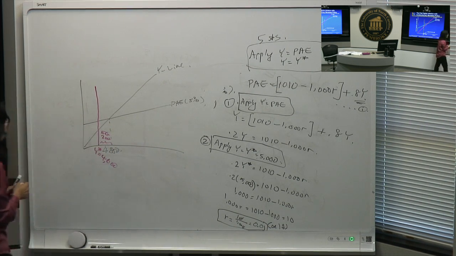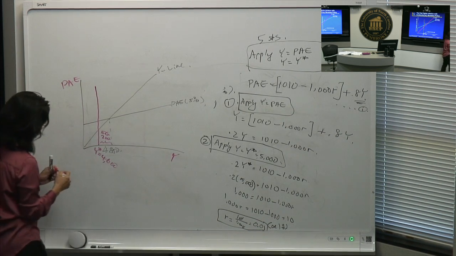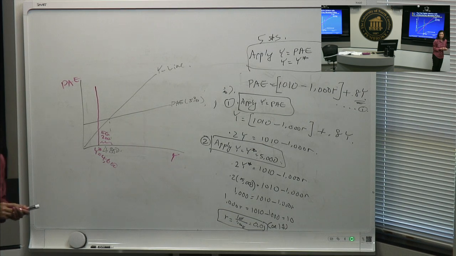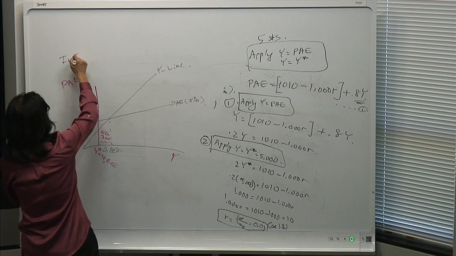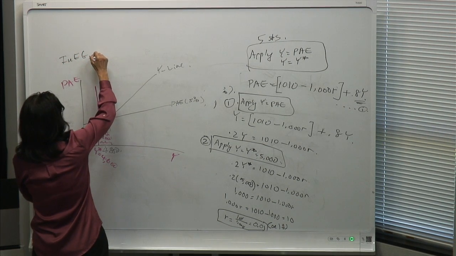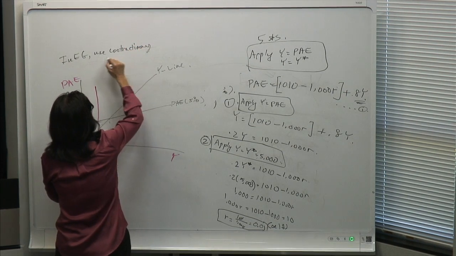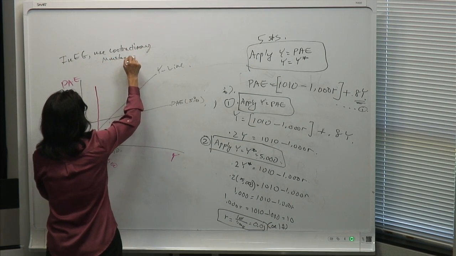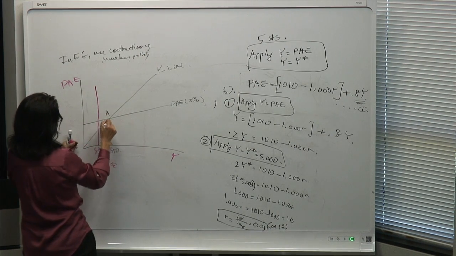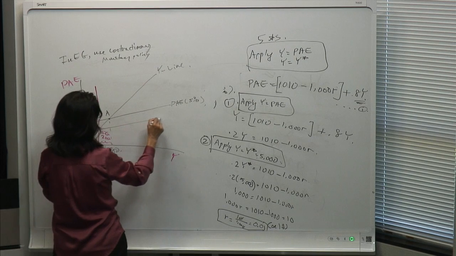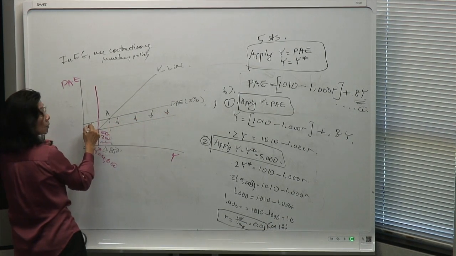So in other words, the economy is overheating. If it is overheating, what do you have to practice? Contractionary monetary policy. You are in EG. So use contractionary monetary policy. And that means at point A here, you want to drop that PAE line down by leaking out some air, right?